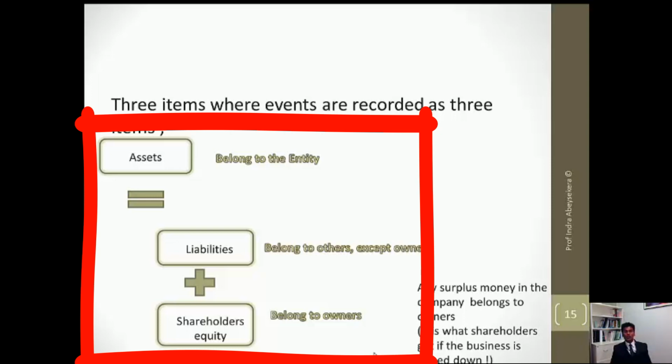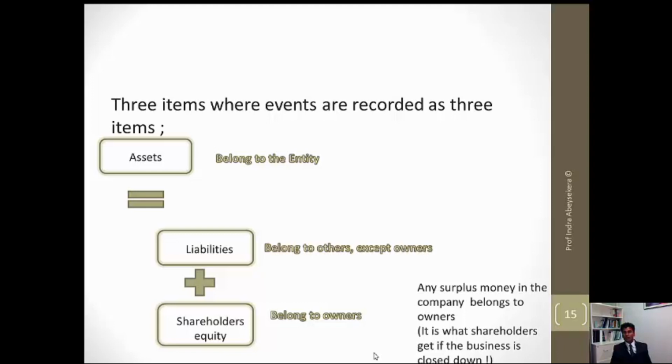What we show under assets are what belongs to the entity, what belongs to the organization. And from what belongs to the organization, there has to be something that has to be given to others. For example, someone was not paid for the toothbrush that was purchased, and that has to be paid. That money belongs to others, except owners. They are called liabilities.